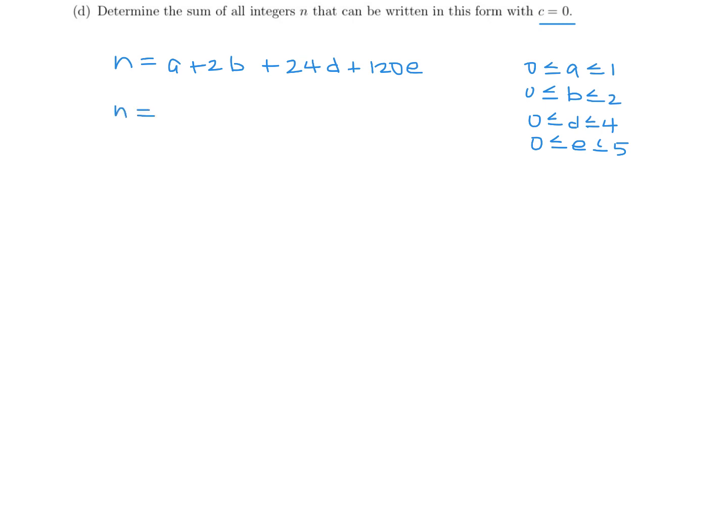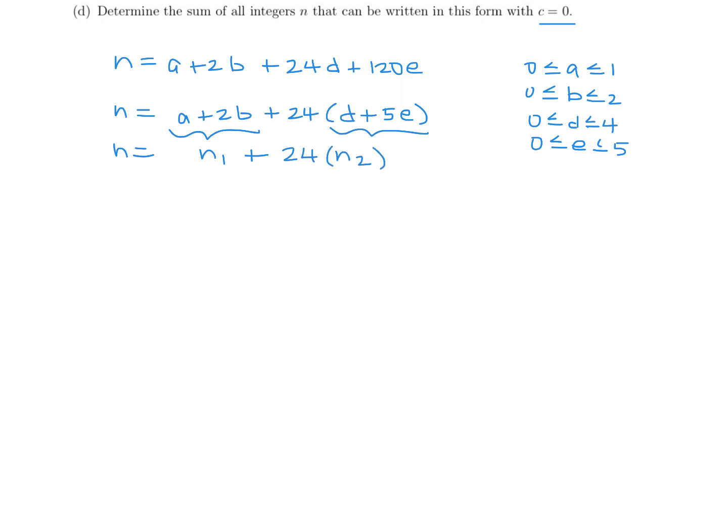Well, first thing I want to do is see if I can simplify this a little bit. 2b, it looks like 24 factors, and I get d plus 5e. So that's a little bit beneficial here. And what I'll do is I'll call this n1, and I'll call this part n2.